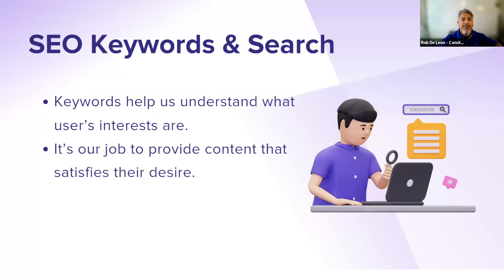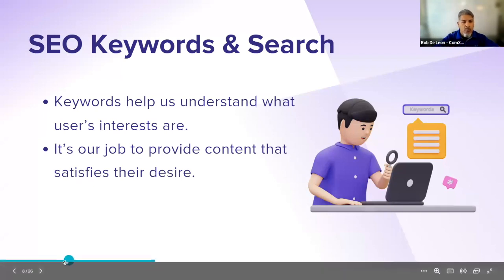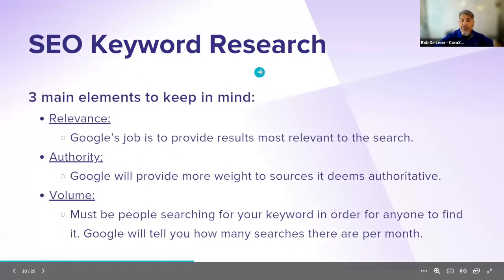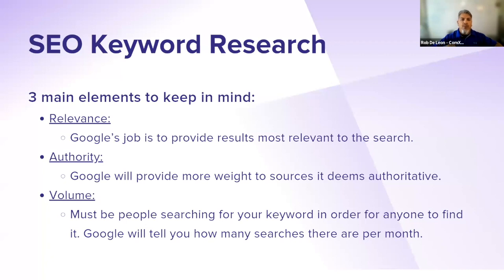Okay, so keywords help us understand. Did I go backwards? I did. So there are three elements to keep in mind: the relevance of the keyword, the relevance to your specific topic, the authority, and the volume. So the relevance, Google's job is to provide the most relevant results to the search. The authority is Google will provide more weight to sources it deems authoritative.